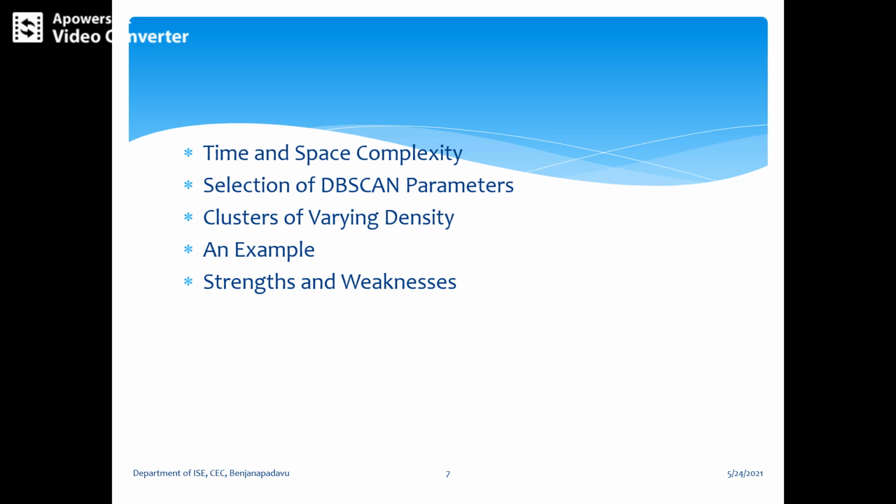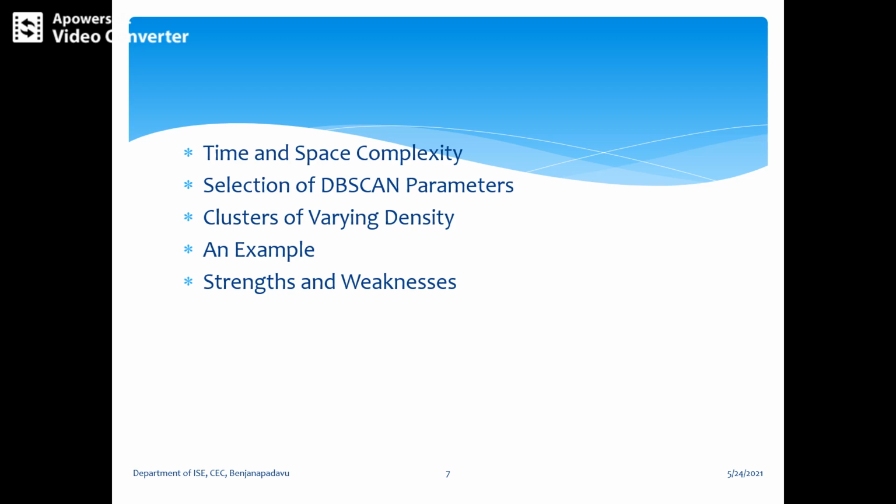In the worst case this complexity is O of m squared. However, in low dimensional spaces there are data structures such as KD trees, which allow efficient retrieval of all the points within a given distance of a specified point, and the time complexity can then be O of m log m.